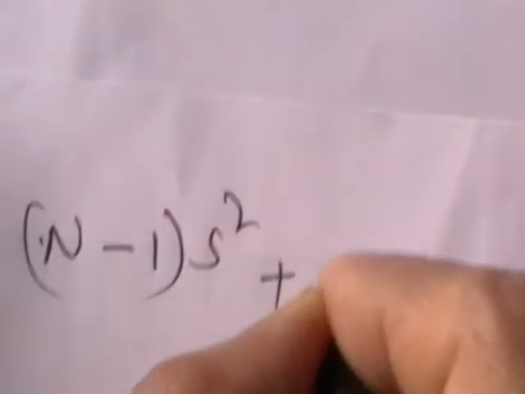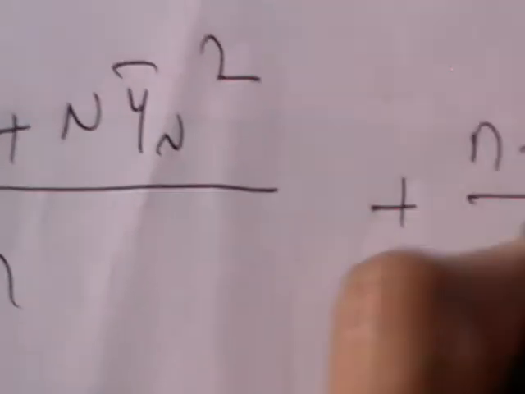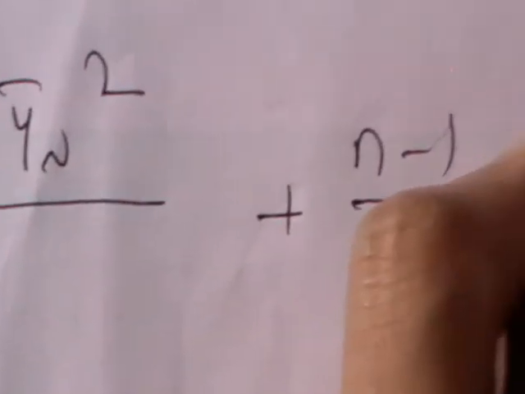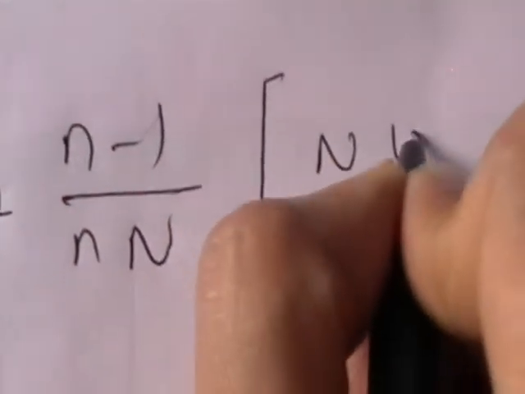So how much you got? N minus 1 into s square plus n y bar n square by nn plus n minus 1 by nn into n y bar n square minus s square. It's a long theorem. Okay.